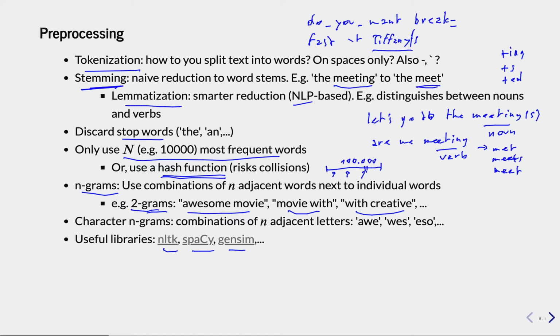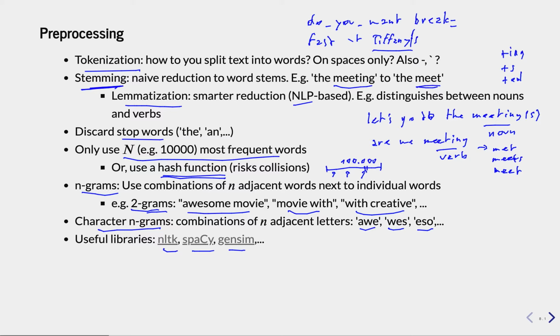Another thing you can do is character n-grams. In that case, you do the opposite, basically. You take collections of adjacent letters. A word like awesome does not get mapped to the term awesome, but gets mapped to the collection of three continuous letters in the word awesome, like awe, wes, eso, and some, and so on.